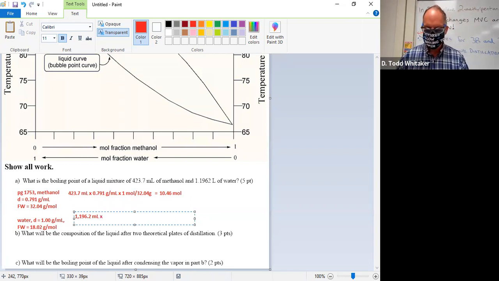Times, same idea, but 1.00 grams for every milliliter times 1 mole for every 18.02 grams equals how many moles of water? I'm eyeballing. I got 1,200 divided by 1,800.